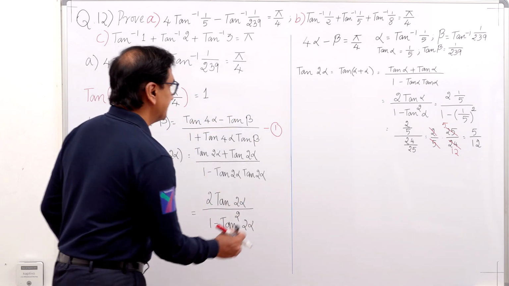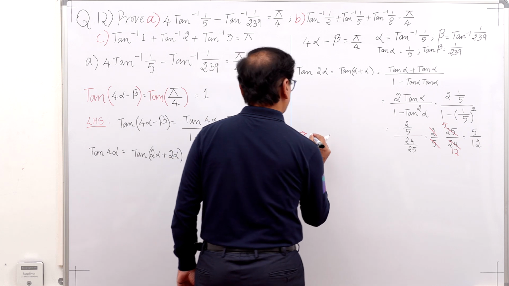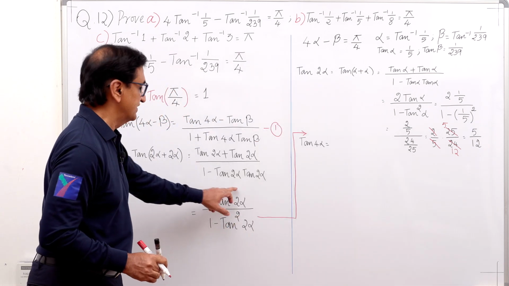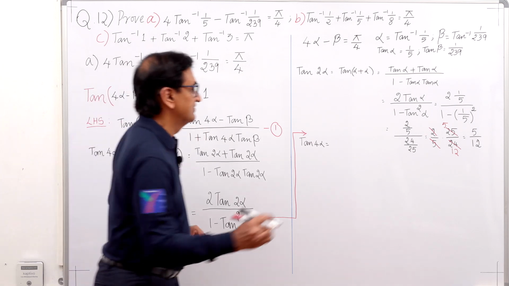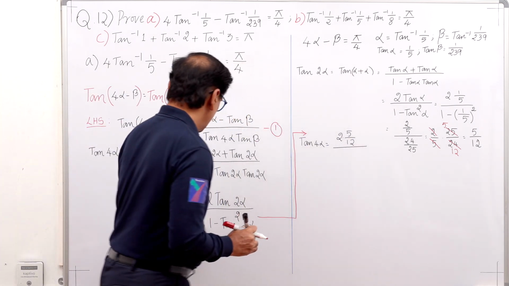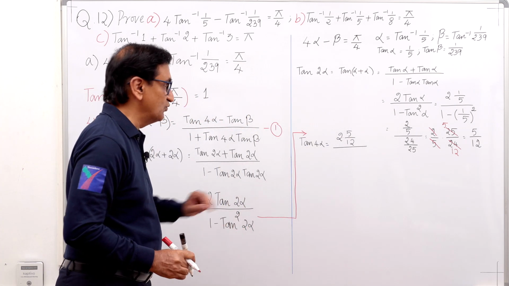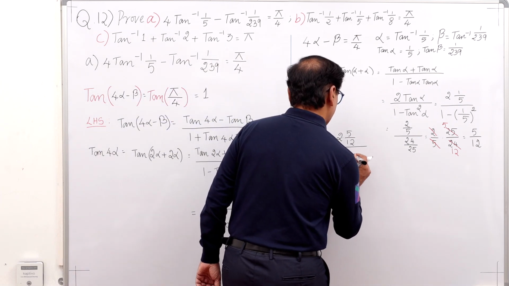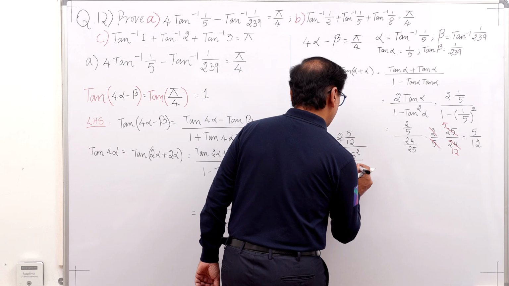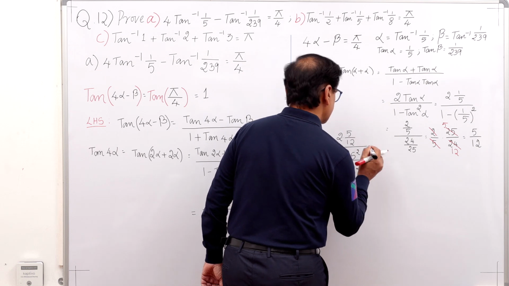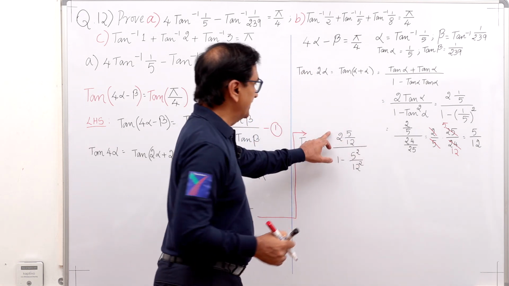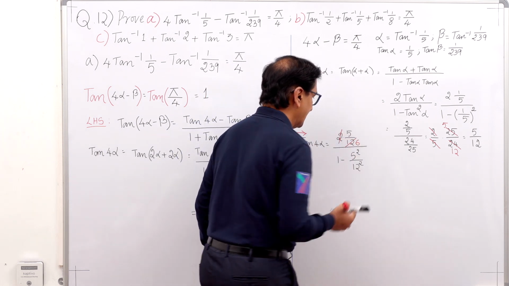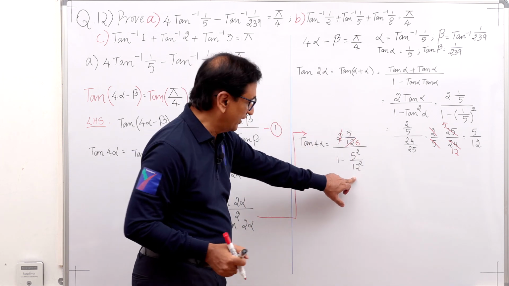So this will give me, let us take it to here. So tan 4 alpha would be 2 times tan 2 alpha, that is 2 times 5 by 12 divided by 1 minus tan square 2 alpha, that is 1 minus 5 square by 12 square, right? So 2 multiplied by 5 by 12, so this will go 6 times. Then 12 square, 144.